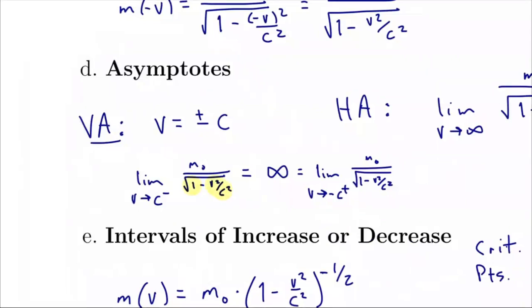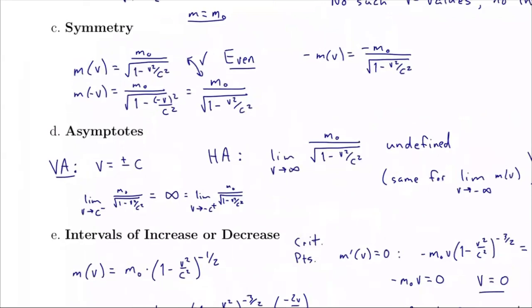So that's approaching 0 from the right. And if we approach 0 from the right here, this m naught is a constant, and the denominator is going to 0 from the right, so we're positive, right? This is also a positive number up here. So that meets with our, maybe our popular science understanding of relativity. As your velocity approaches the speed of light, your mass, or your relative mass, approaches infinity.